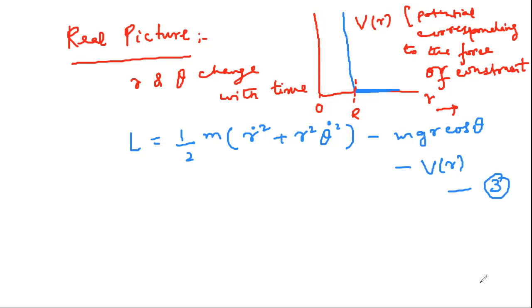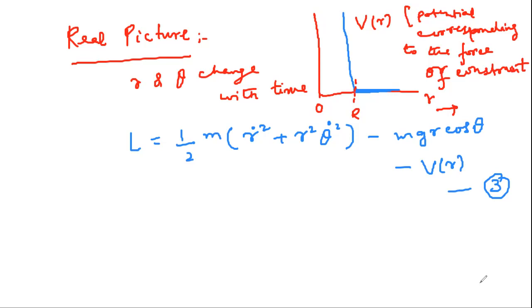And the second term is simply its rotational kinetic energy about point O, half m r square theta dot square. Theta dot is the angular velocity, m r square is its moment of inertia. m g r cos theta is simply potential energy, because we are taking it relative to the bottom O of the hemisphere. r cos theta is its height. Then V of r is the potential energy pertaining to the constraint force, right?